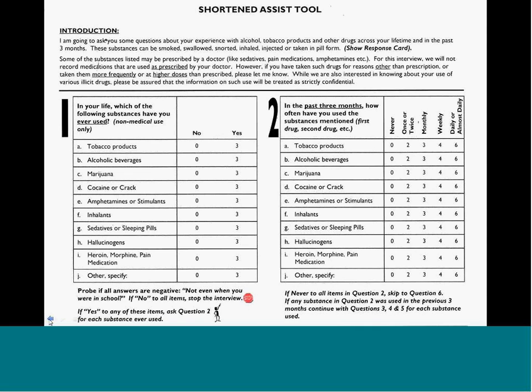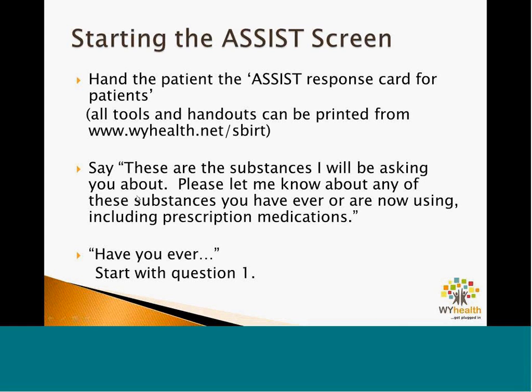When you hand the ASSIST response card to patients, say, these are the substances that I will be asking you about. If you have any question about anything that we're talking about, please ask me. Now, this includes substances that you are using, including prescription medications, especially if you're using above normal limits, or especially in the case of pregnancy, if they're using prescription medications at all.